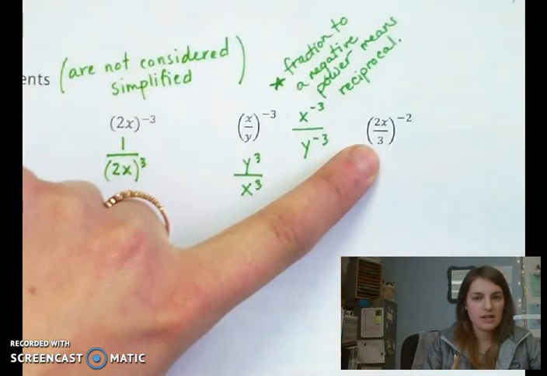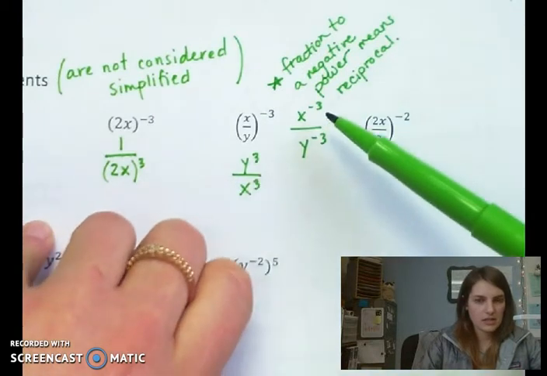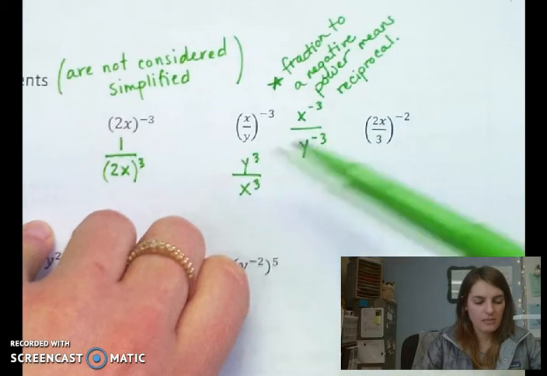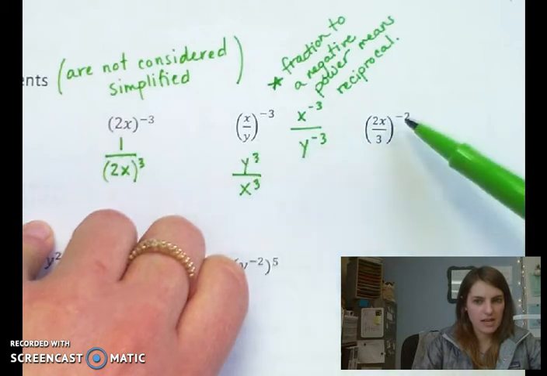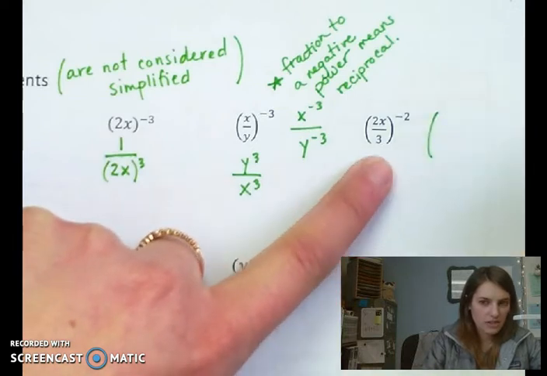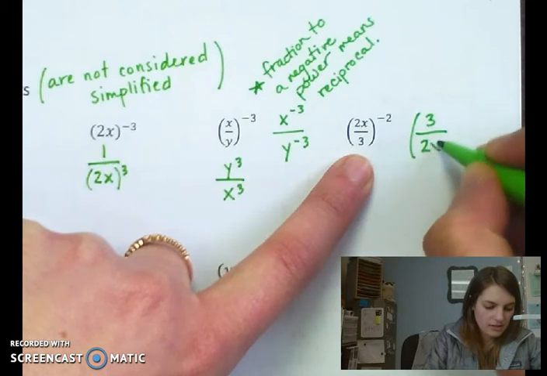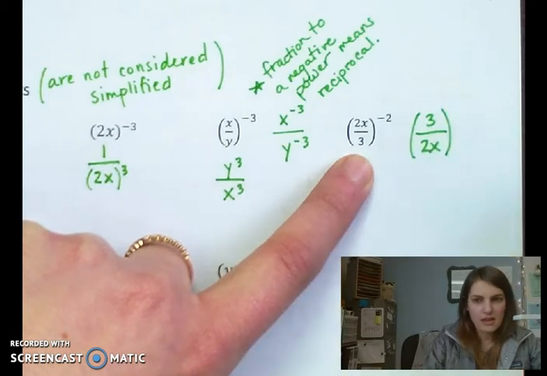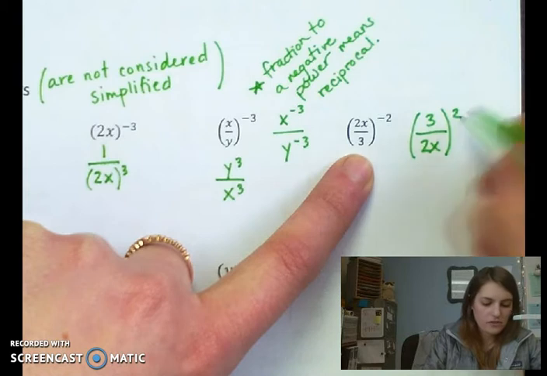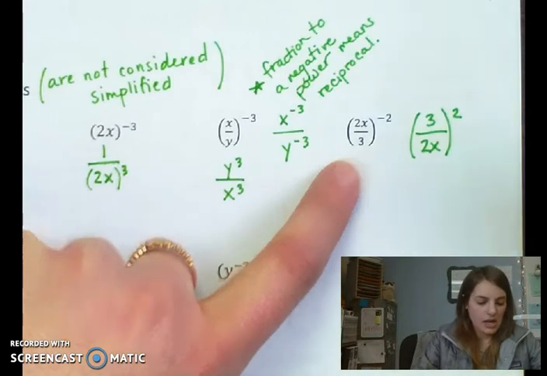Here's another one. It's another fraction raised to a negative power. So instead of doing it the way I did it before, where I applied the negative 2 to the top and the negative 2 to the bottom, I'm going to flip my fraction over, so 3 over 2x, and then just write it to the power of 2 instead of the power of negative 2, because that's a little shorter way of doing it.